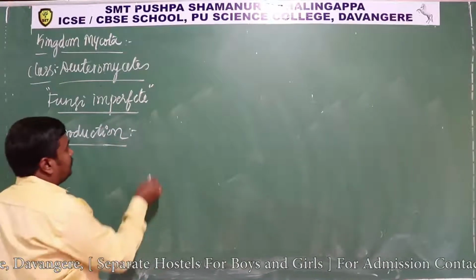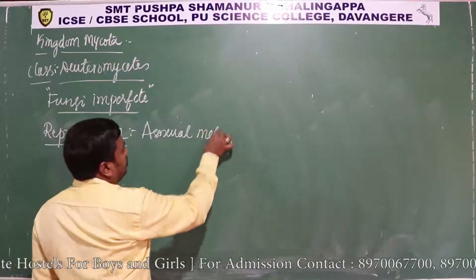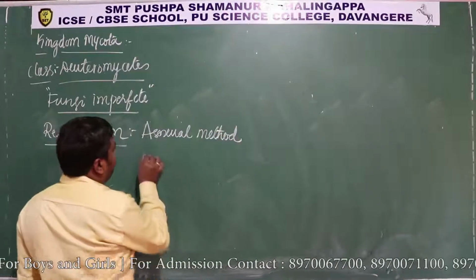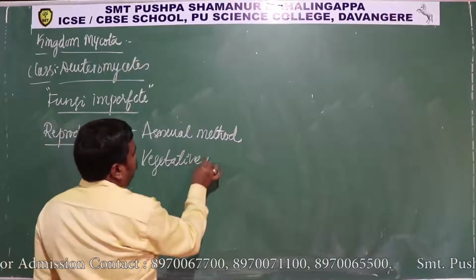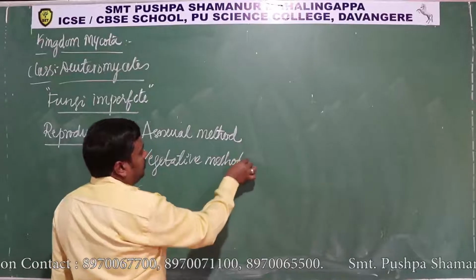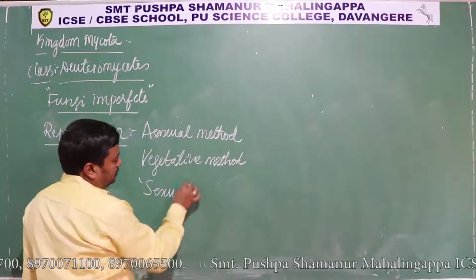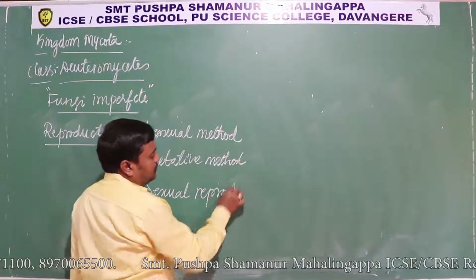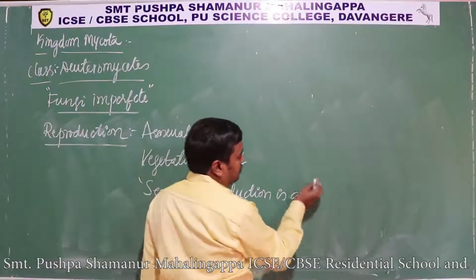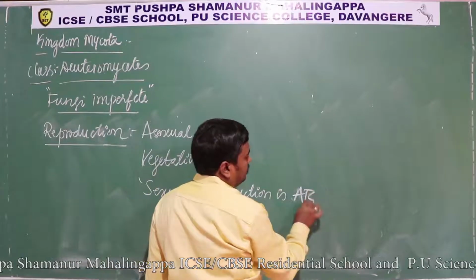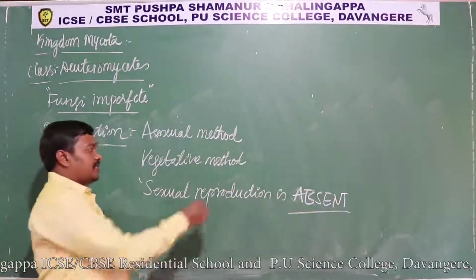Okay, in reproduction they reproduce by asexual method and vegetative method, and sexual reproduction is absent. Sexual reproduction is absent.